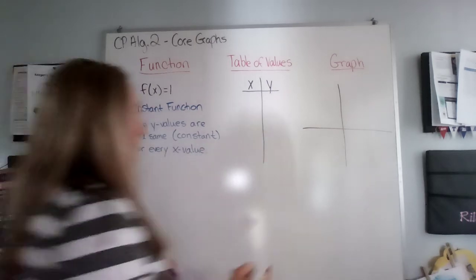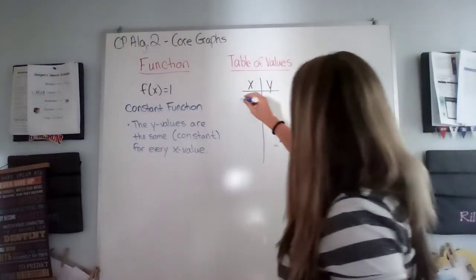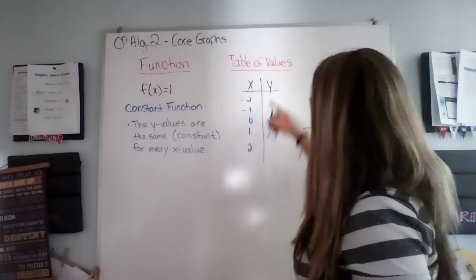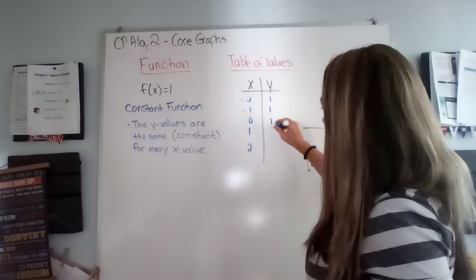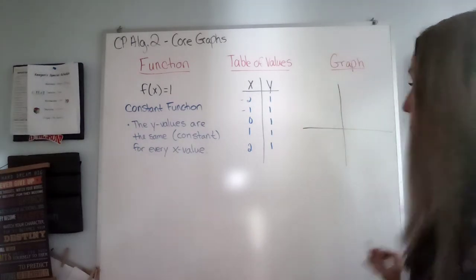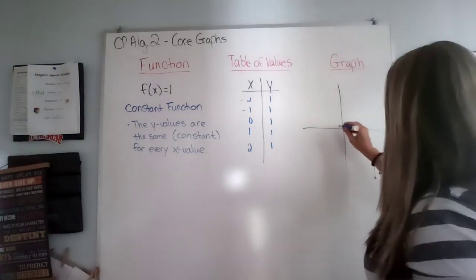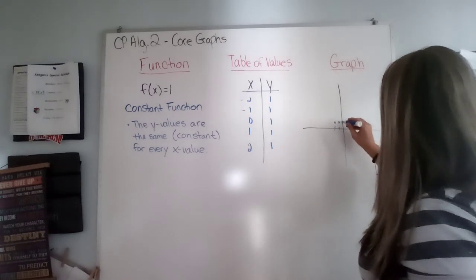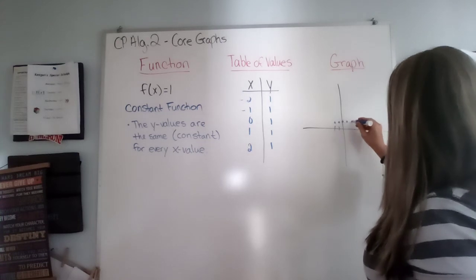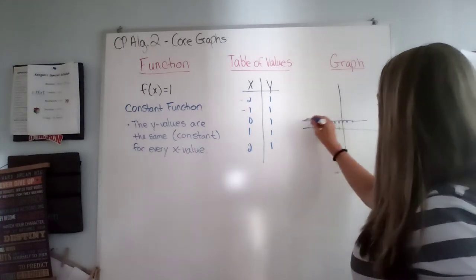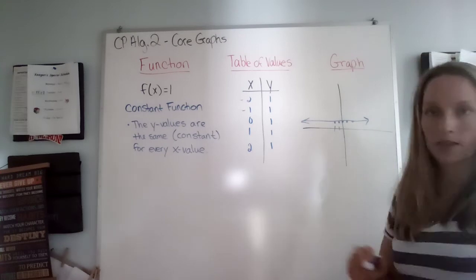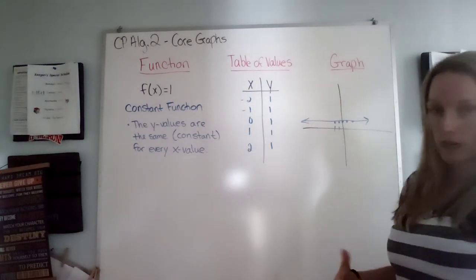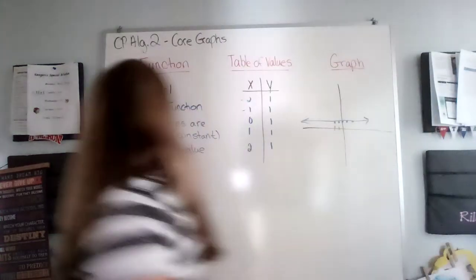Okay, so for every single x value that is given, like -2, -1, 0, 1, 2, the y value is constant. The y value is always going to be 1. Okay, so if you plot these points, what would that look like? Well, -2 on the x, 1 on the y, -1, 1, 0, 1, 1, 1, 2, 1. This is what your constant function looks like. Okay, so again, knowing the basics is going to help you as we learn to transform these graphs.